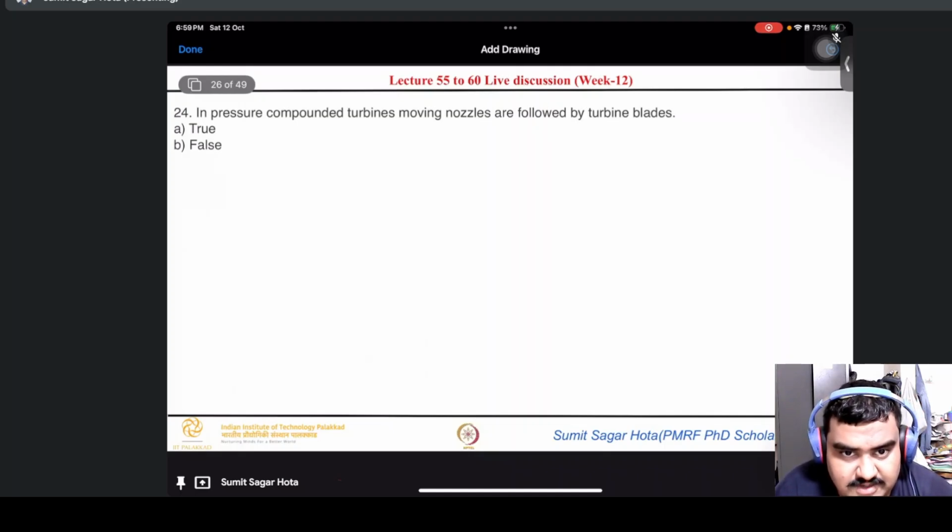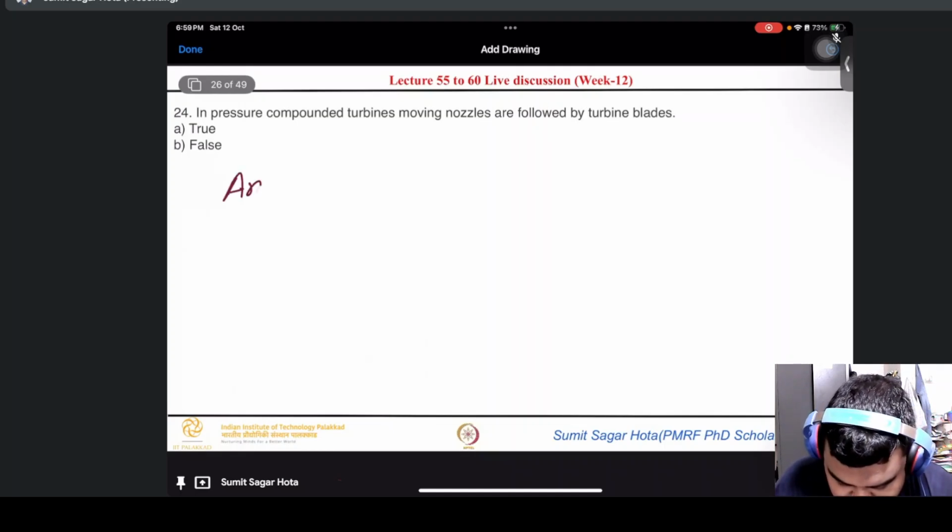In pressure compounded turbine, moving nozzles are followed by turbine blades. True or false? It's actually a false statement.